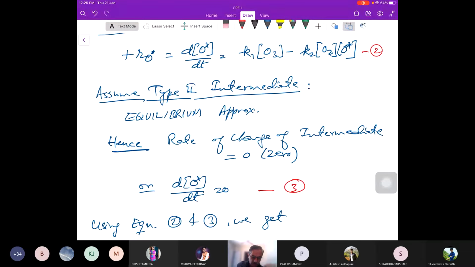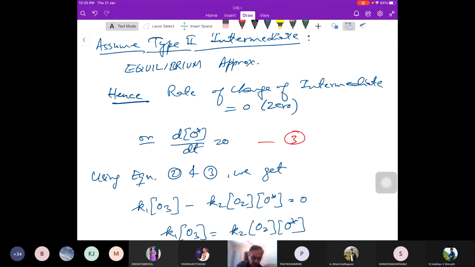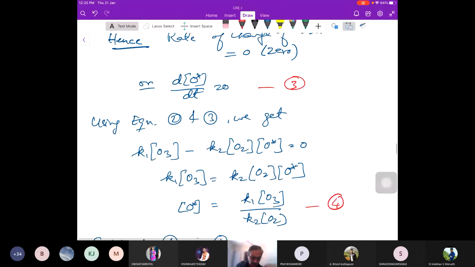So from equation 2 and 3, if this is equal to 0, what you get is K1 O3 minus K2 concentration of O2 into O star is equal to 0. Right? इसको राइट हैंड साइड में लेके आया K1 into concentration of O3 is equal to K2 into O2 into O star. So O star we get in terms of O3 and O2 concentrations. ठीक है.